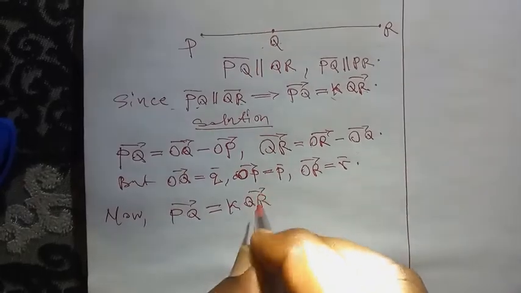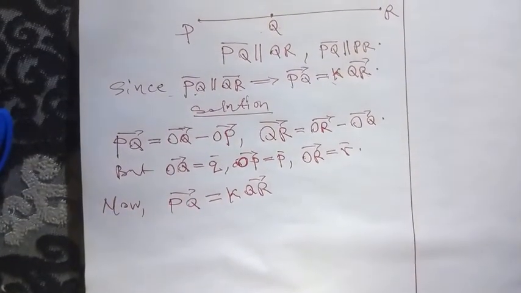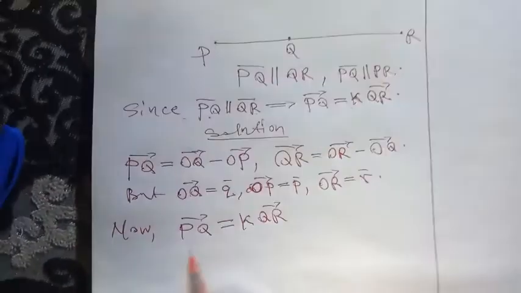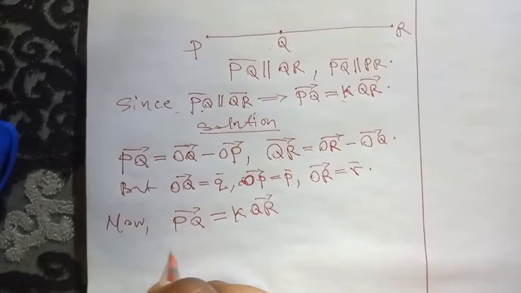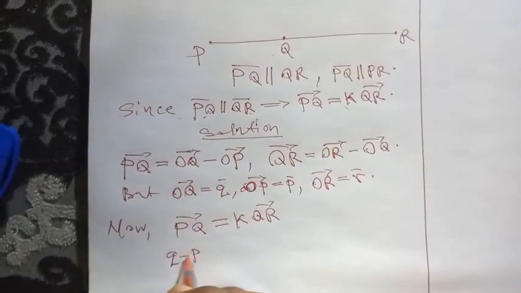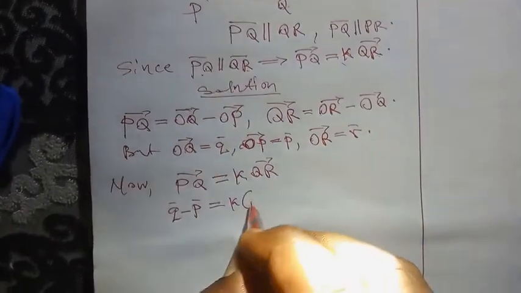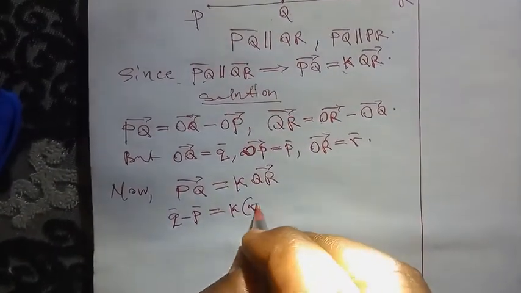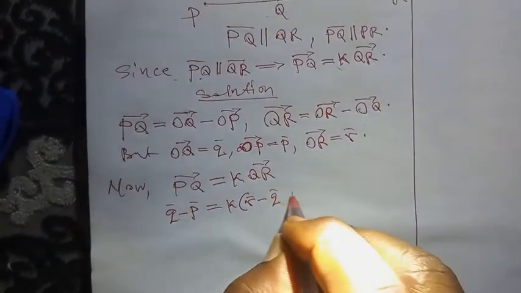That is simply because I want to show that they are collinear points. Now this becomes vector Q minus vector P equal to K bracket, vector R minus vector Q.